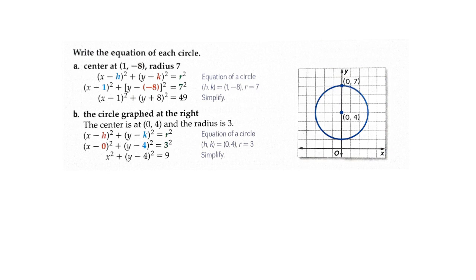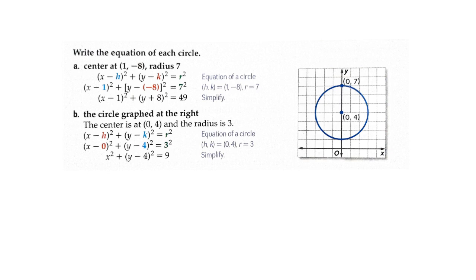Then we substitute these values and get (x minus 1) squared plus (y minus -8) squared equal to 7 squared. Notice that negative and negative will become positive, so this negative 8 will become positive 8. If we simplify the equation, we should get (x minus 1) squared plus (y plus 8) squared equal to 49. And this is the equation of that circle.